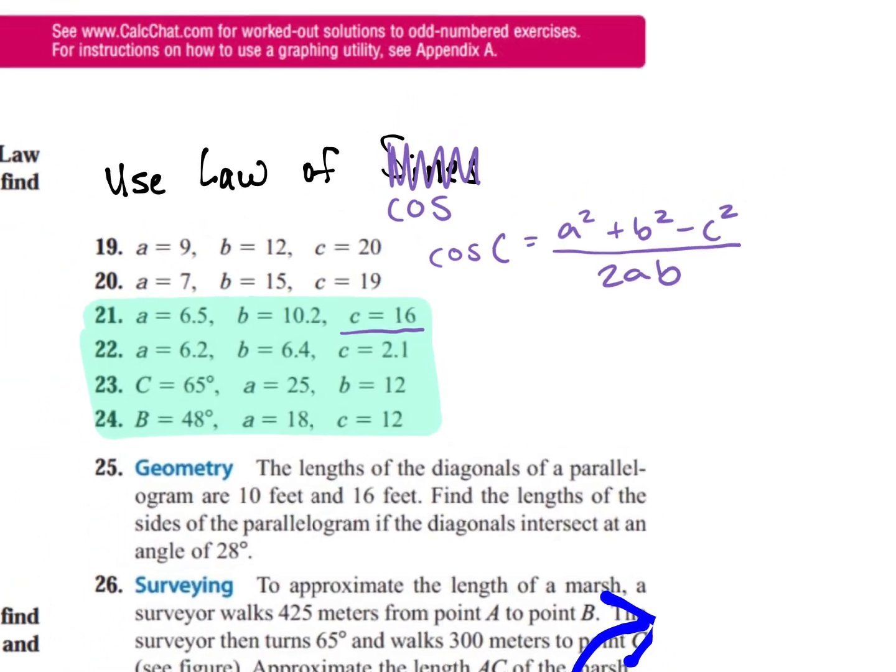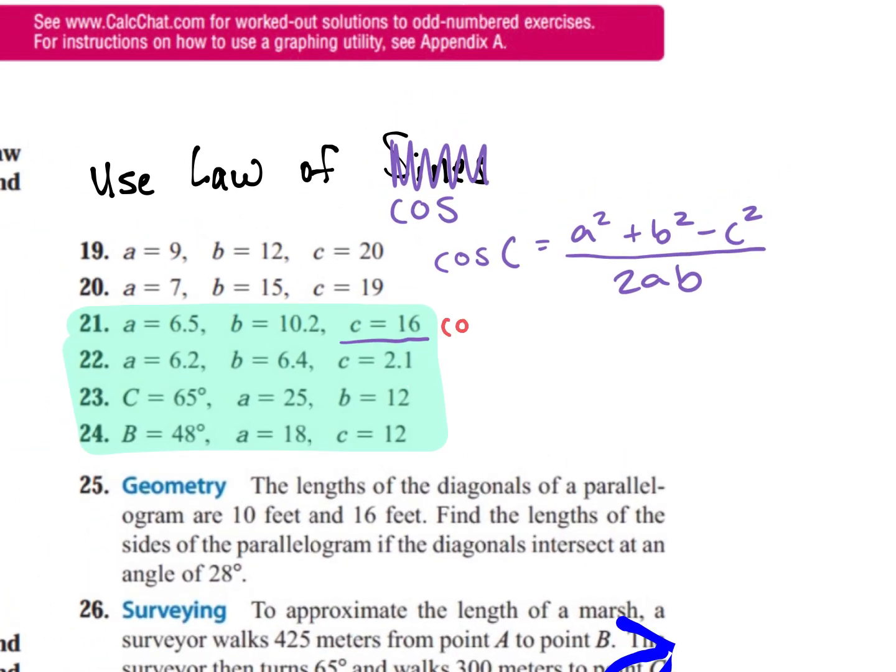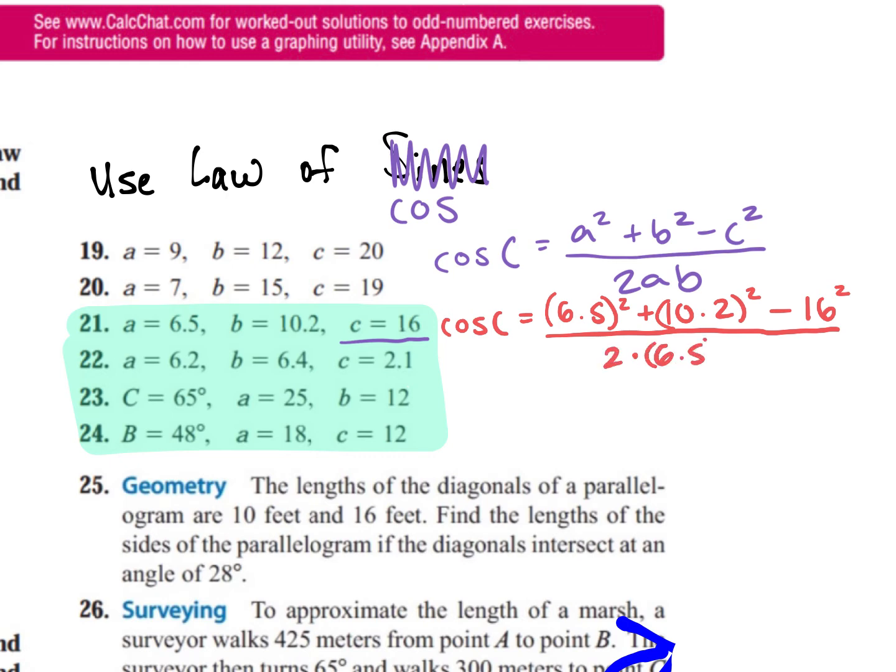So we just plug in everything we have. So cosine C is equal to 6.5 squared plus 10.2 squared minus 16 squared over 2 times 6.5 times 10.2. So we put the whole right side into our calculator.